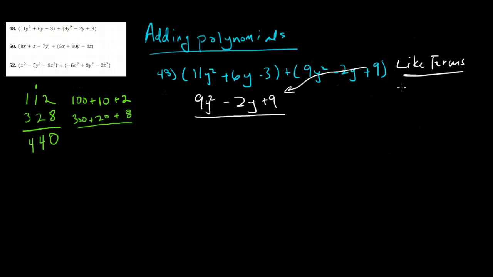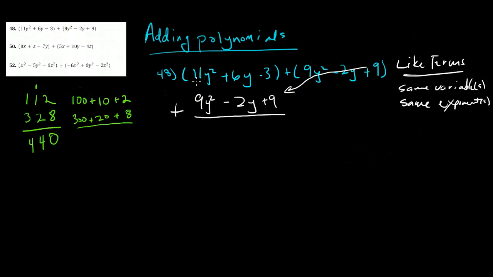And like terms have the same variable and the same exponent. That's how we identify like terms, and there can be multiple exponents and variables. So once we have this written, one number under the other number, basically, we can just now add.